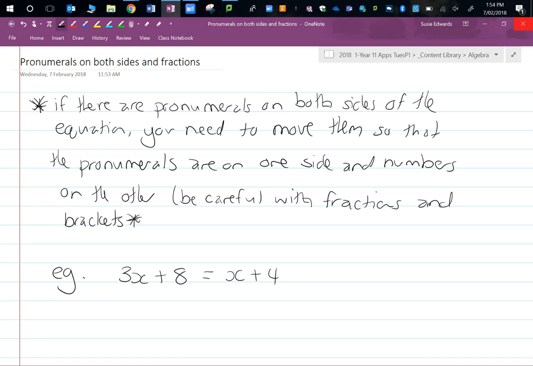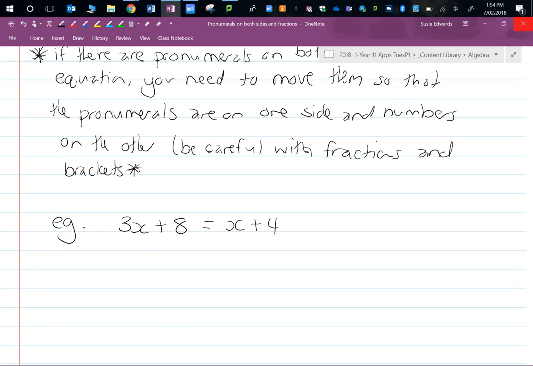So this is the example we're going to use. Notice that there's pronumerals on both sides and there's numbers on both sides. I'm going to do another little asterisk and say it is easiest to move the smallest pronumeral.